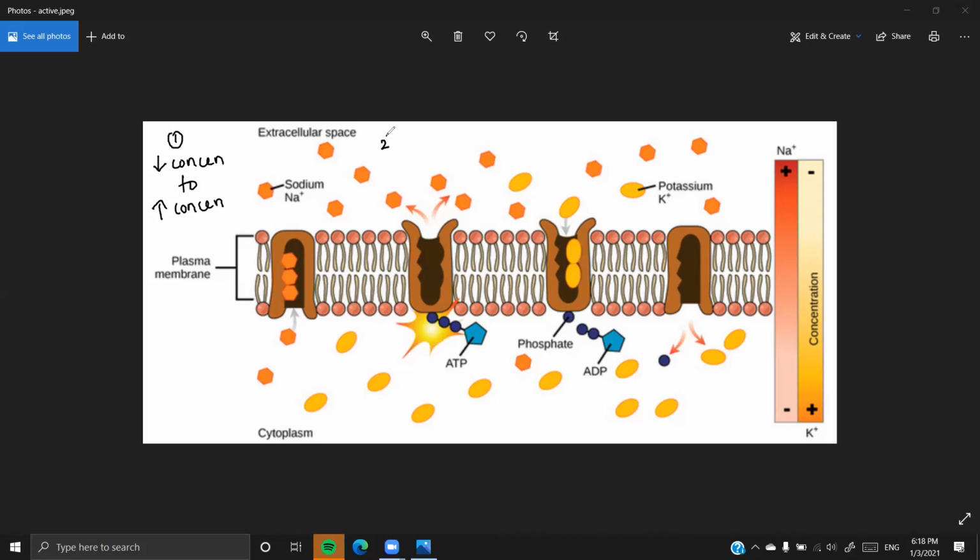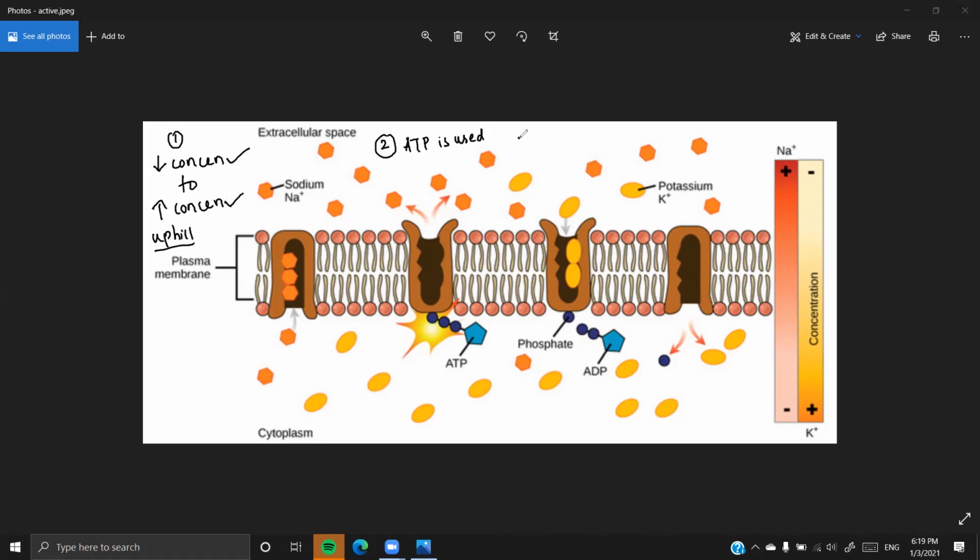The second thing is, as you're moving uphill, this is called uphill transportation, so obviously we require ATP. ATP is used to move the ions or molecules from the lower concentration to the higher concentration here.